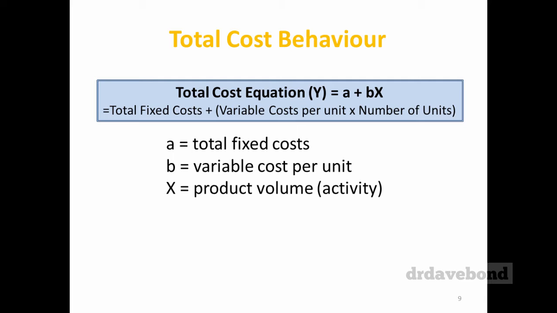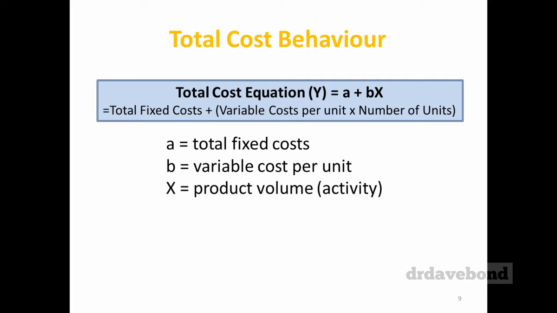So I need price per unit times quantity, minus total fixed costs, minus variable cost per unit times quantity.